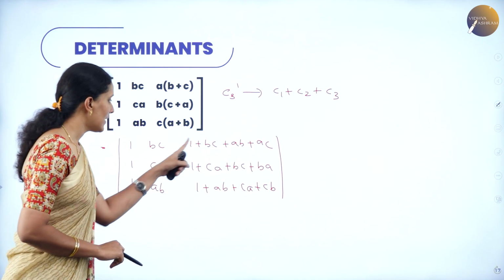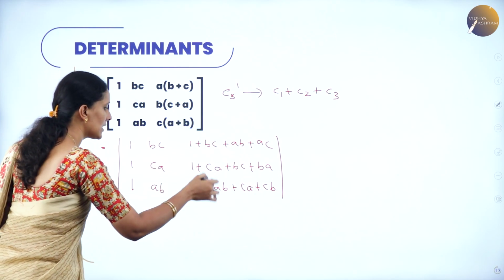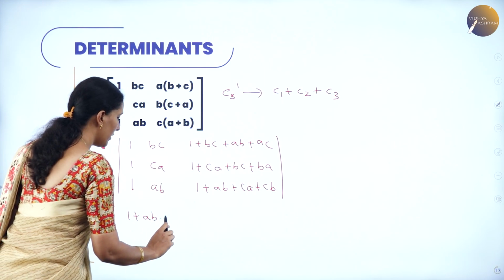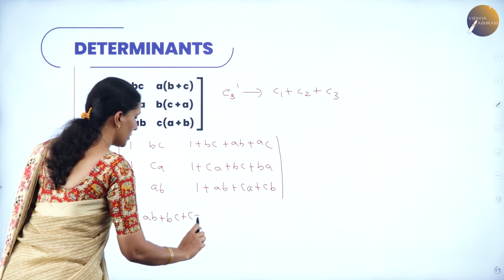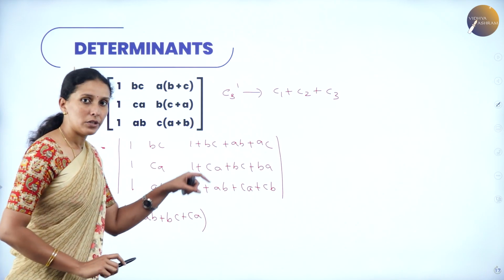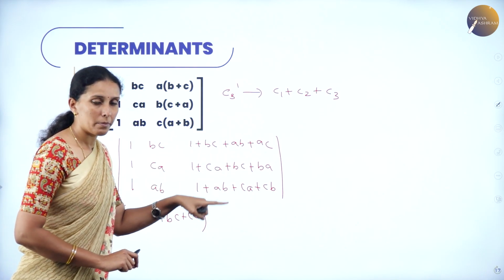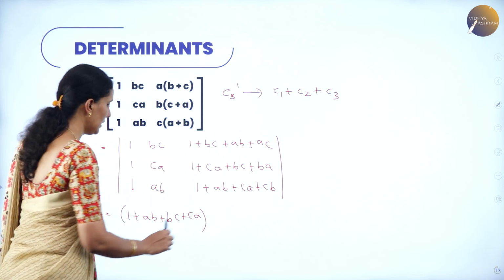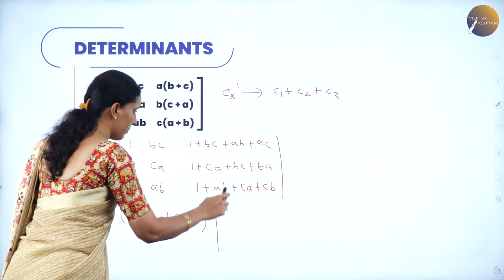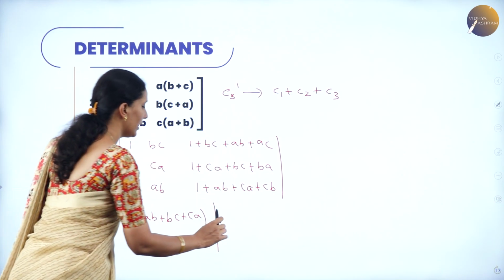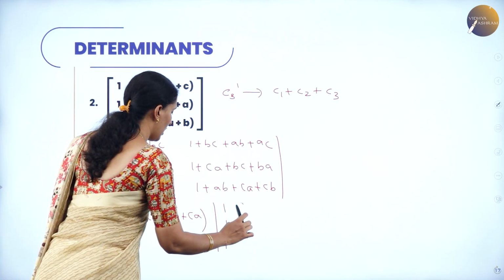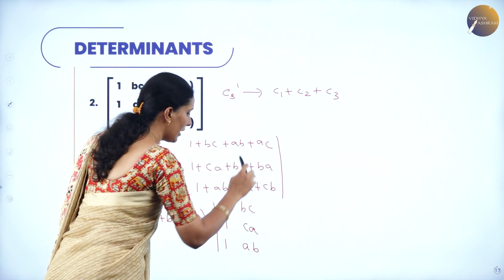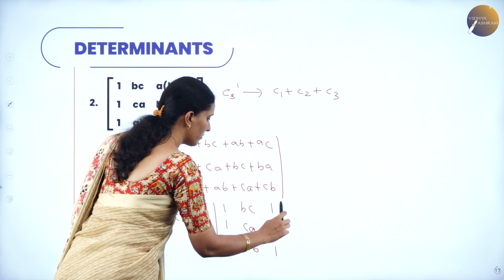Now let me take this as a common factor. If I take this element as a common factor outside, then I can write 1 plus AB plus BC plus CA. So this I have taken outside. We know that we can remove any common factor from any one of the rows or any one of the columns. So if I remove the common factor element from this column here, then I am left with 1, 1, 1, and here I have BC, CA, AB, and if I take common, I am left with 1, 1, 1.